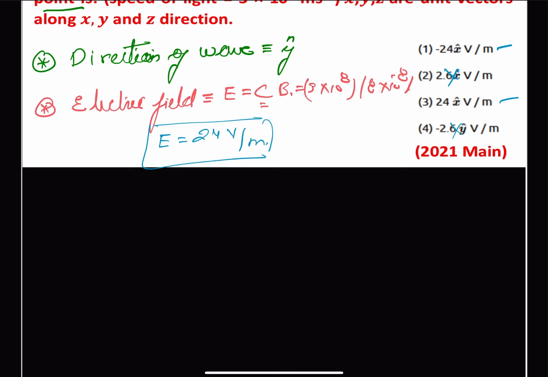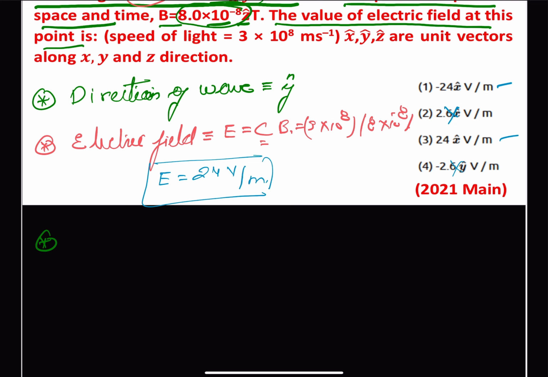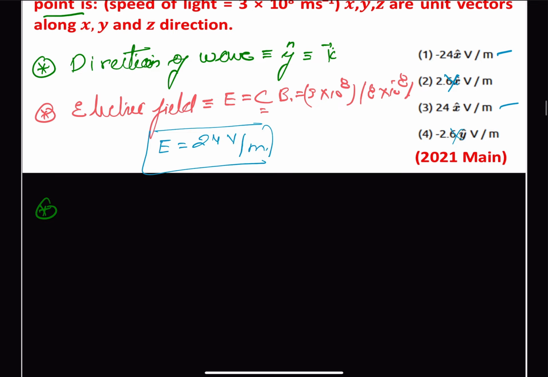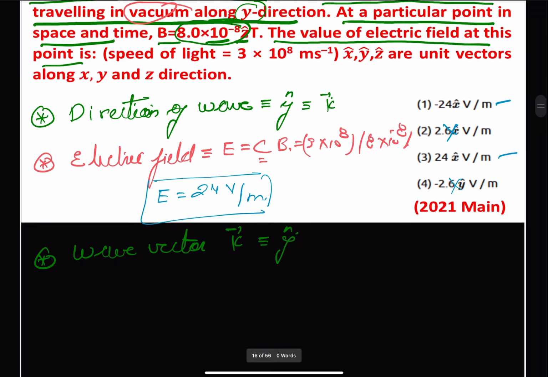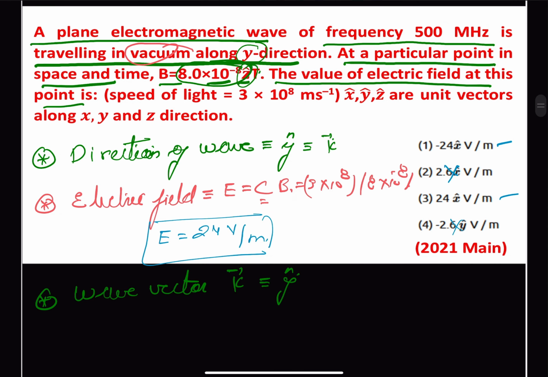And we are given that the direction of wave is our y unit vector, which is nothing but the direction of this wave vector. Okay, so let me write it here. We have our wave vector k, it is along y unit direction, and magnetic field is along z unit direction.